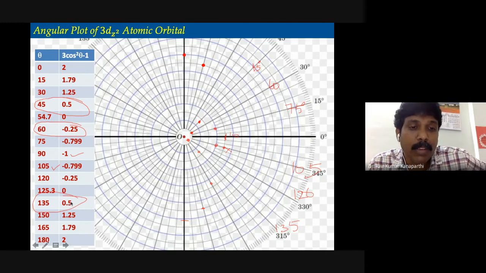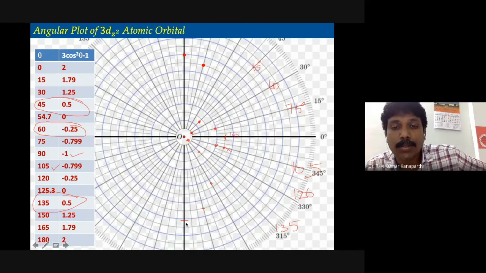So the positive value will increase from the 135 degree, that is this axis. At this axis we have pointed 0.5, and the next one is 1.25. Okay, the next one is almost 1.8, and this is 2, right?